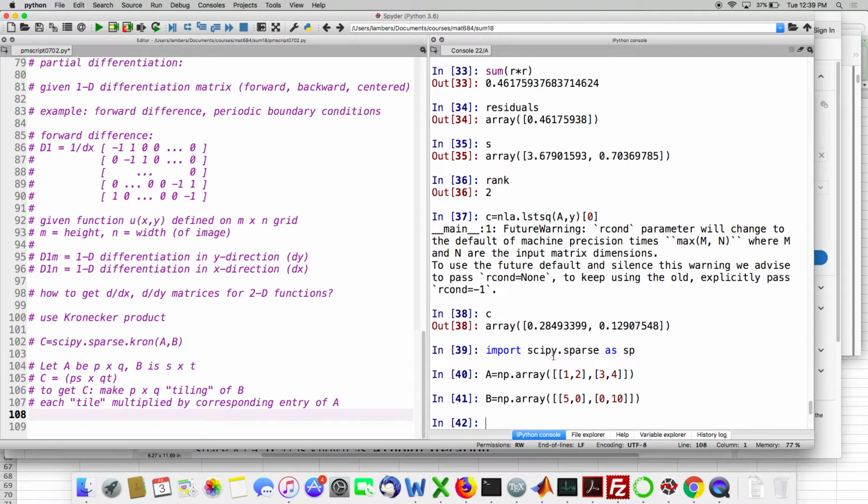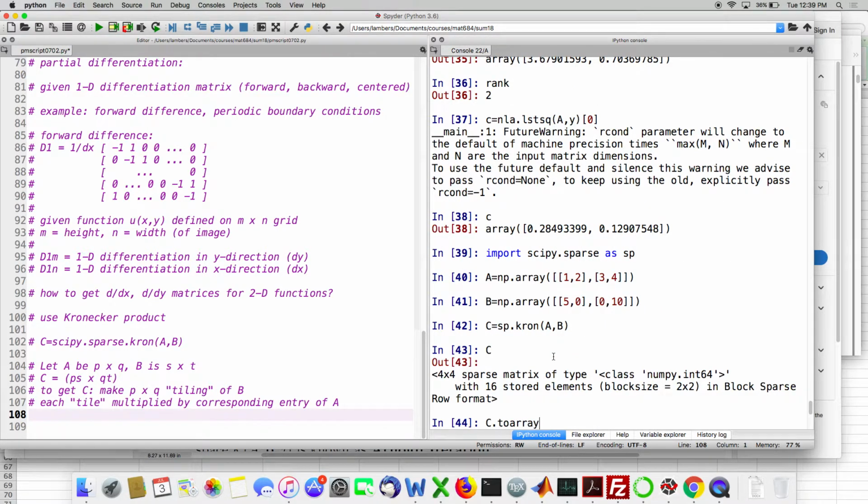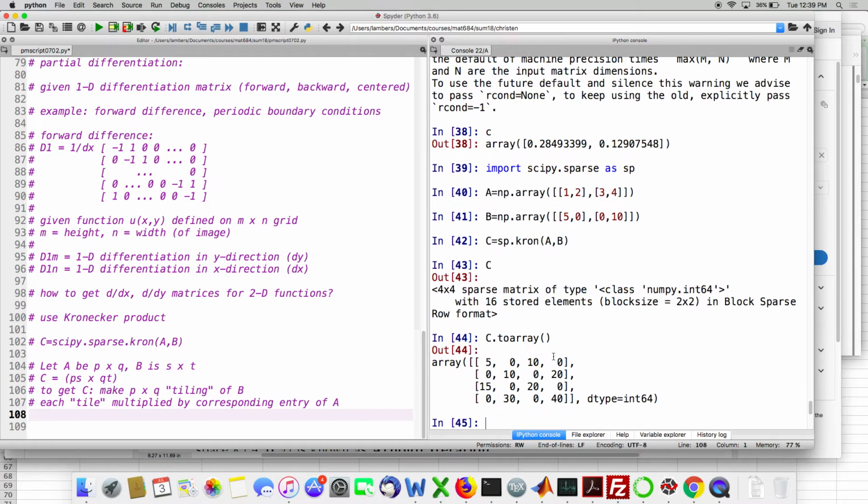So if I compute the Kronecker product, C is a sparse matrix, so I want to convert it to an array so I can see it. So here's what it did. It made a tiling of B. So we have 4 diagonal matrices. It took 5, 0, 0, 10 and put it in each tile, and multiplied each tile by 1, 2, 3, 4.